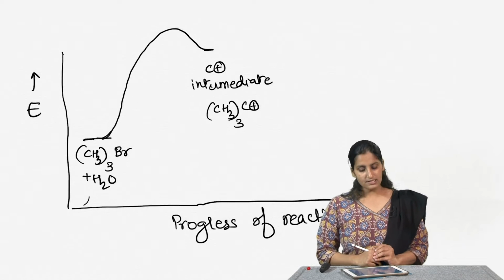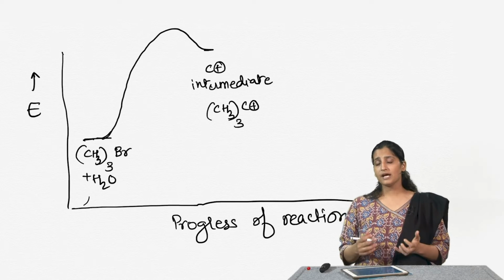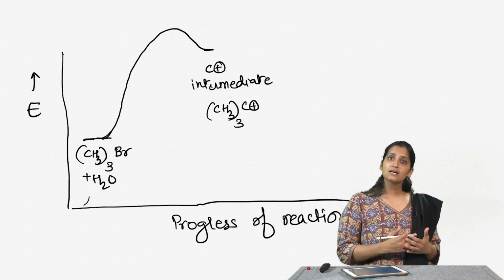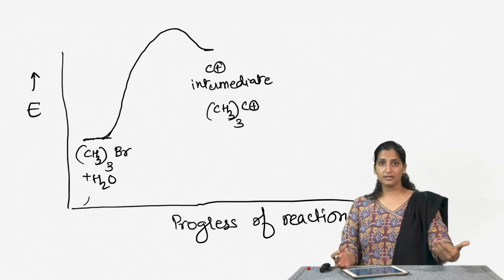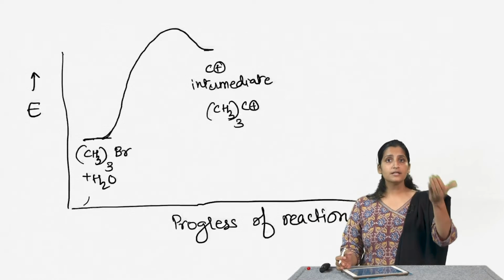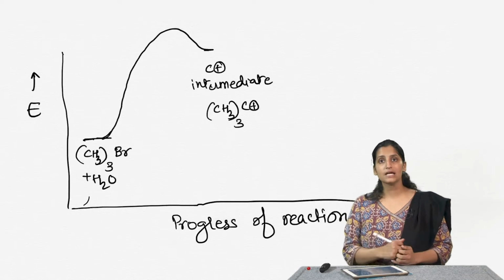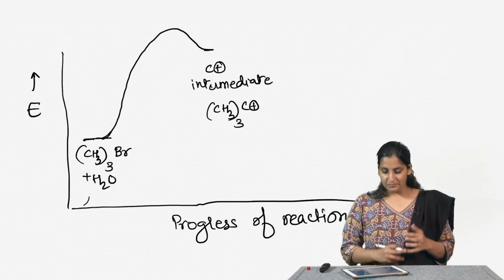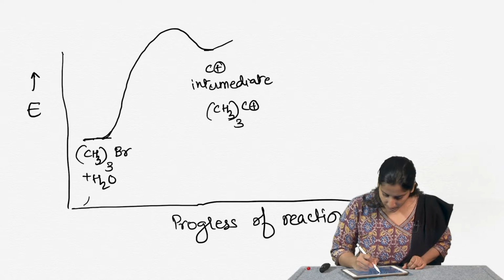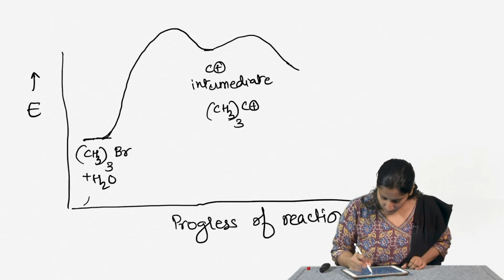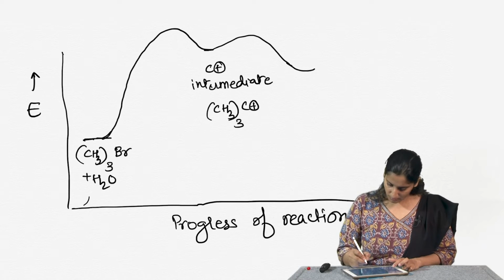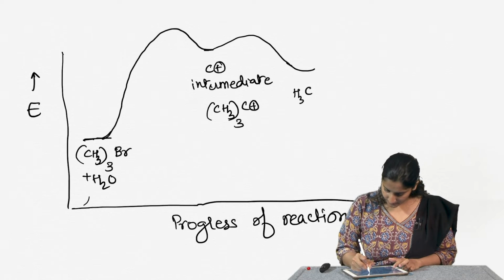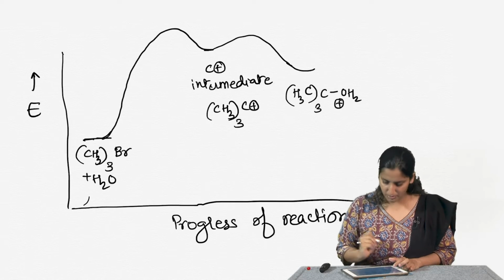Now, as we create this carbocation intermediate, remember that carbocations are not as stable as the starting molecule or the end product, because the octet rule is not complete. Carbon is having a strong positive charge. It is going to be the most unstable species created in this chemical reaction. Then on this carbocation, a water molecule attacked and you created a new intermediate, such that the carbon and oxygen had formed a bond.